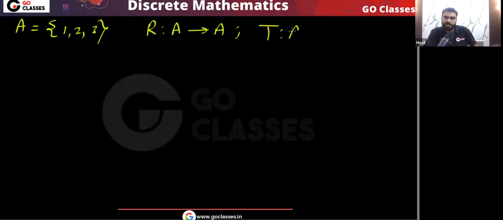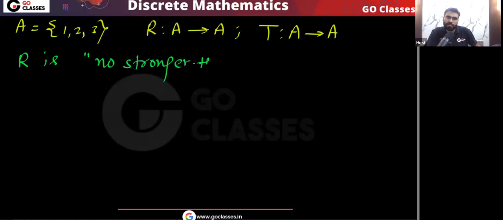Did you understand? See, very simple point. Let's assume you have a set. Base set is 1, 2, 3. Okay, this is your base set. Now you have two relations. R is also a relation on set A and T is also a relation on set A. And we are saying that R is no stronger than T. What does that actually mean?